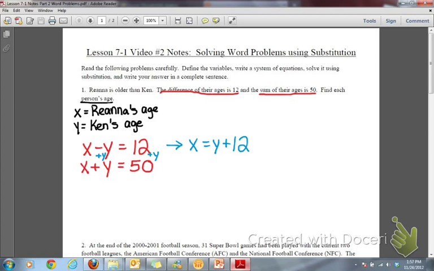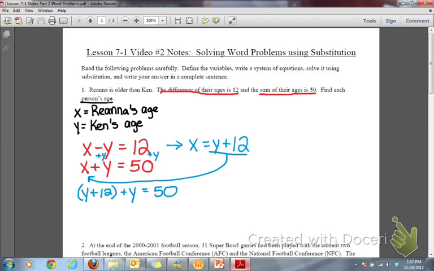So now that that equation is solved for X, I'm going to plug in what X equals, Y plus 12, for X into the second equation. So that will give me Y plus 12. I like to put that in parentheses, although the parentheses aren't really going to matter. So Y plus 12 and then plus the other Y equals 50. So there's nothing to distribute.